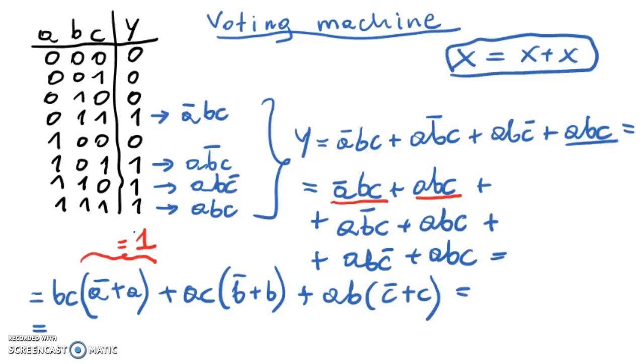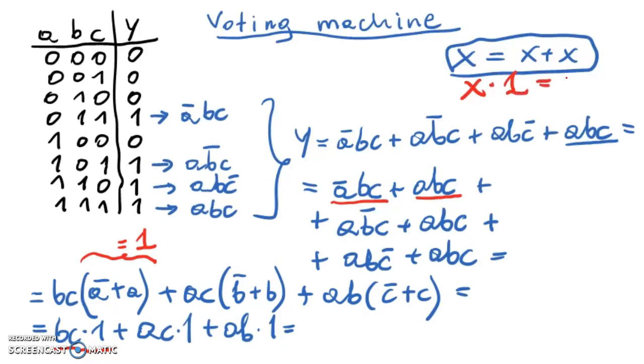The identity element for product is equal to the sum of an element plus its complement, A plus not A. So now we've got BC times 1 plus AC times 1 plus AB times 1, and you recognize the axiom about the identity element: x times 1 is equal to x.